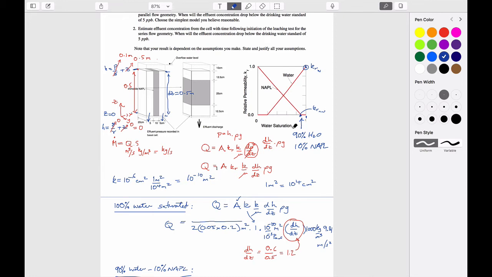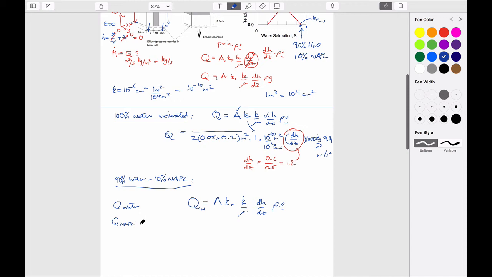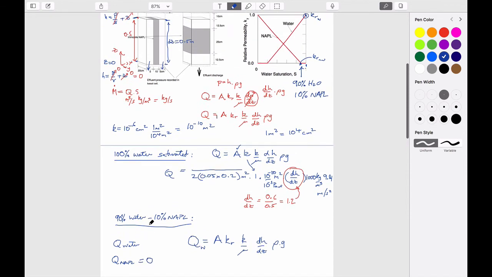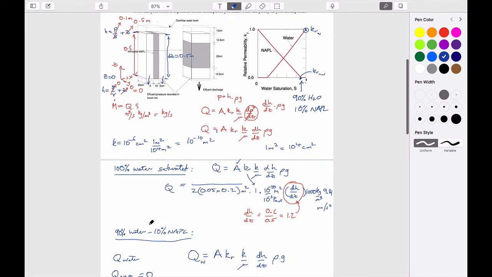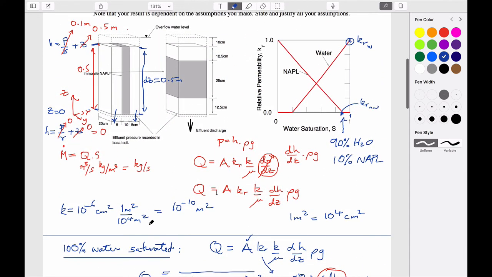It means that no matter how much we huff and puff along here, it's physically not going to flow, period. And so this is definitely going to be 0, just by rationalizing that. But what we'd like to know is the rate at which we can get this water flowing through this central stripe. And so if we want to know that, then we need to know what the relative permeability of the system is to water.